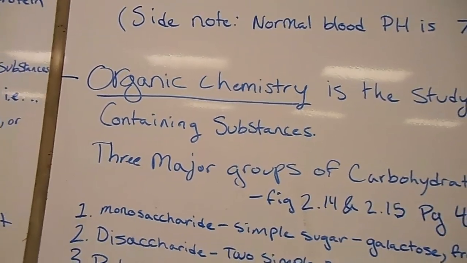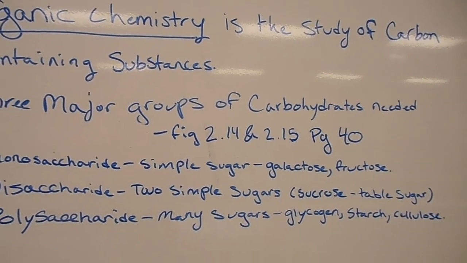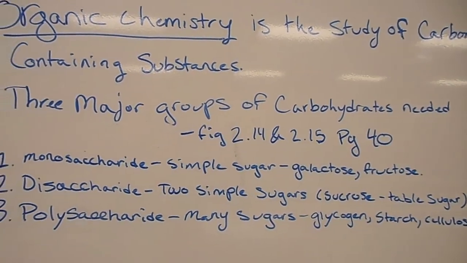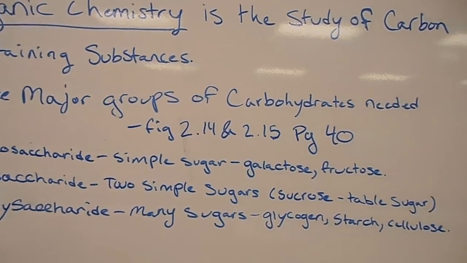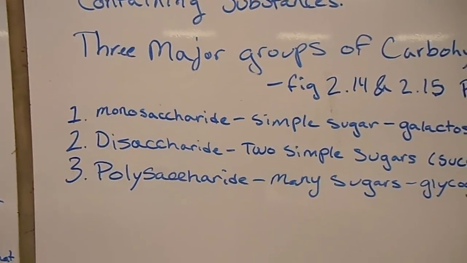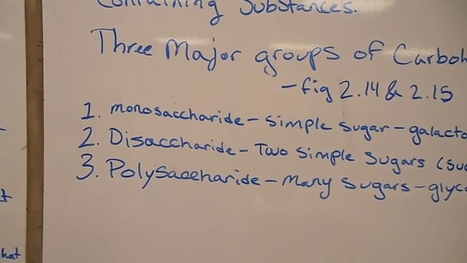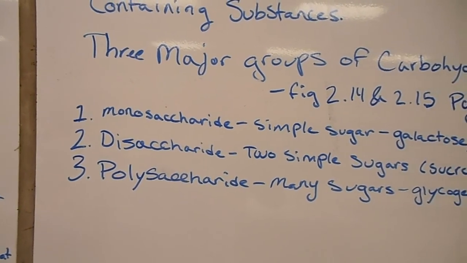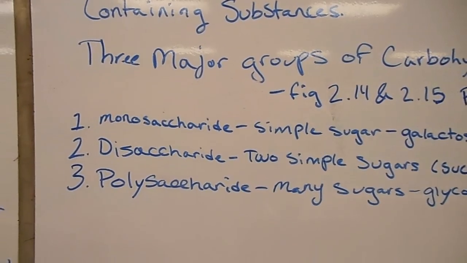There are 3 major groups of carbohydrates needed. You can find those on figures 2.14 and 2.15, and you can start reading about it on page 40 of the textbook. The 3 major groups of carbohydrates are monosaccharide, which is simple sugar, galactose, fructose.